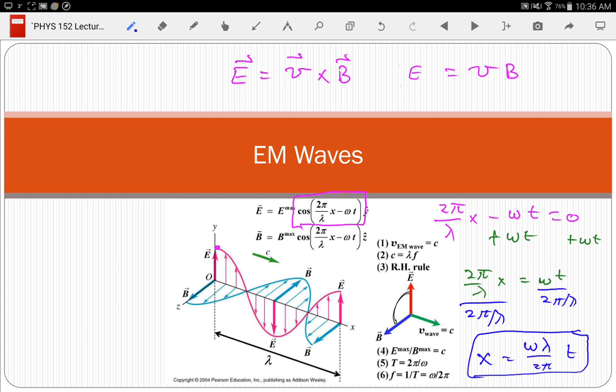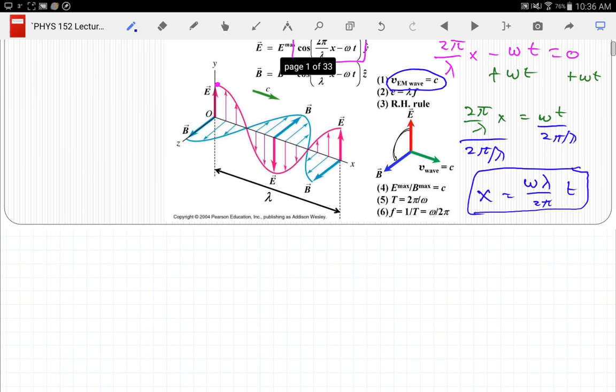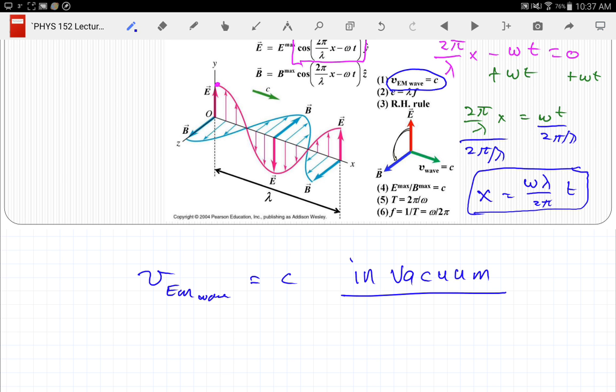The speed of an electromagnetic wave in vacuum we call c. So this here it says speed of electromagnetic wave is c. That's only in vacuum. In any other material, the speed is slower.